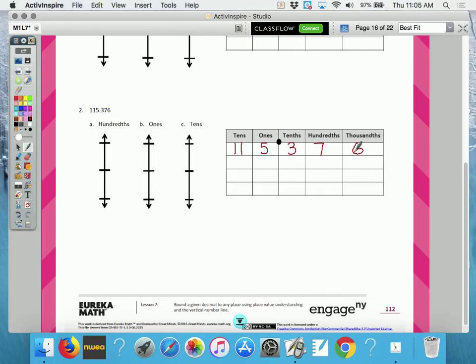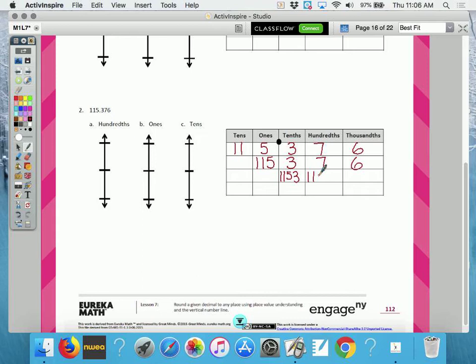Great job thinking. Now, I'll take away the tens and turn them into ones. Right, 115 ones. Now remember, all we need this for is just the bottom of the number line. Then 1,153 tenths.